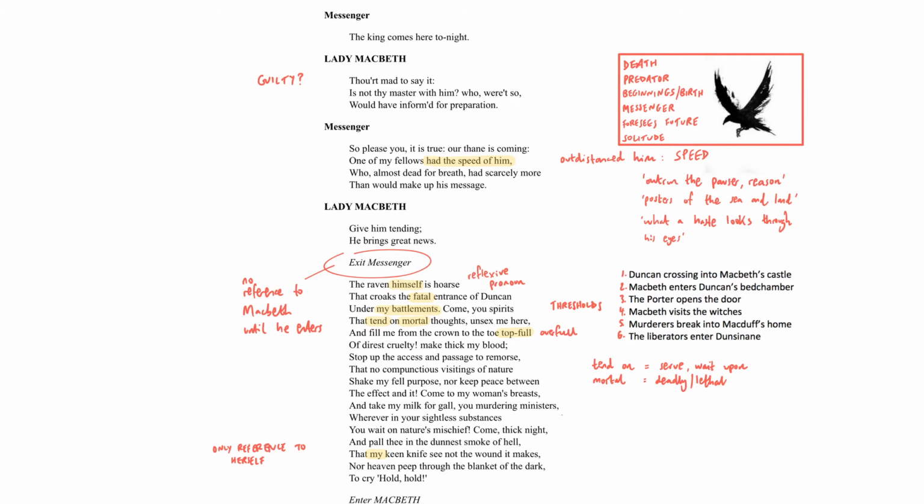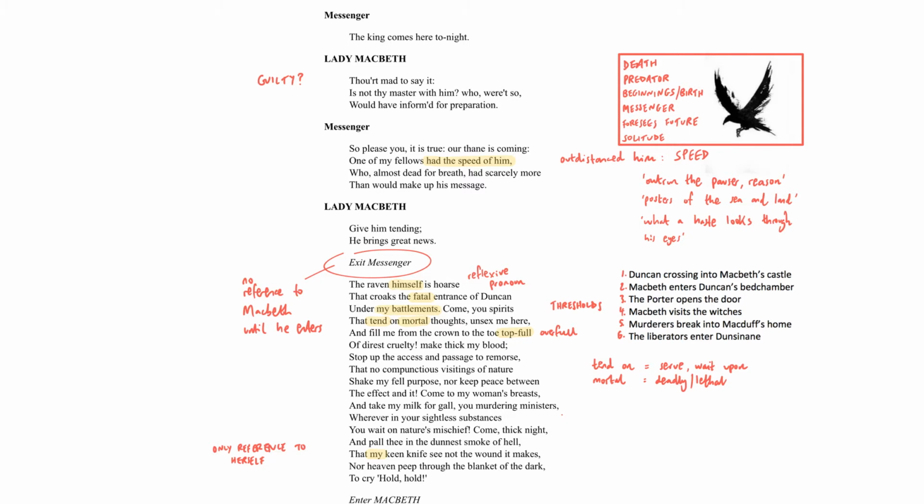It's interesting in that respect that top full has the suggestion of brim full or over full, as if they fill her to the top and then some with cruelty, like she is a vessel that cannot contain it. Arguably, by the end of the play, what we see, in fact, is that she is a vessel that breaks. So what she invites in here is too much for her to handle.